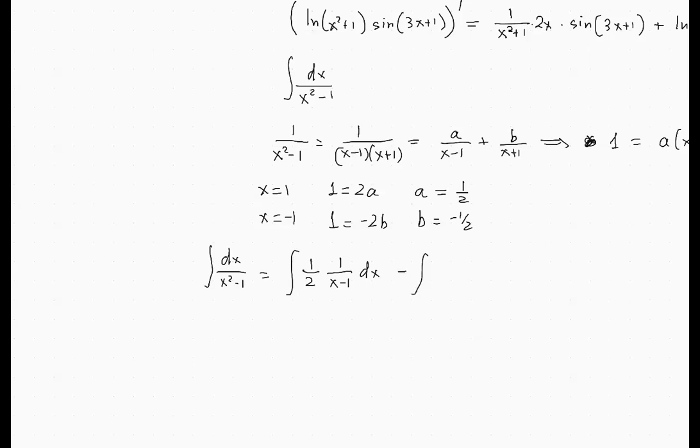And these are two easy integrals, I guess. 1/2 ln of absolute value of x minus 1 minus 1/2 ln of absolute value of x plus 1. Don't forget the plus c, and that's all there is to it.